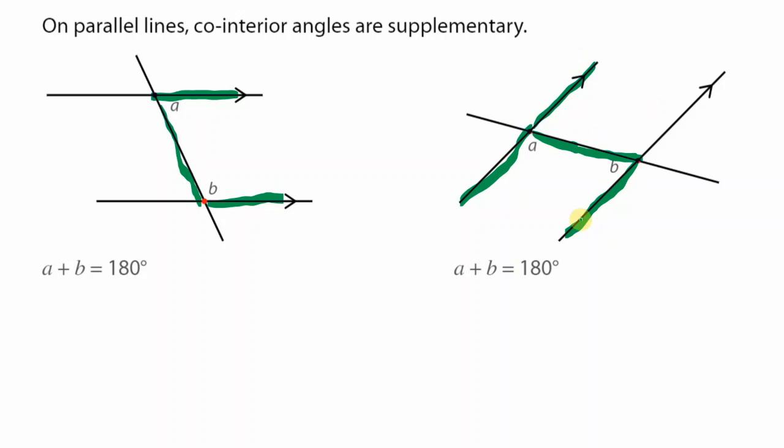In this case, parallel lines. So that's what's added now. So now, the thing is, if there weren't parallel lines, we could just say they are co-interior angles. But now, since they are parallel lines, we can say that the co-interior angles are in fact supplementary, meaning adding up to 180. So angle A plus B is 180 degrees. Similar here, angle A plus B is equal to 180 degrees.